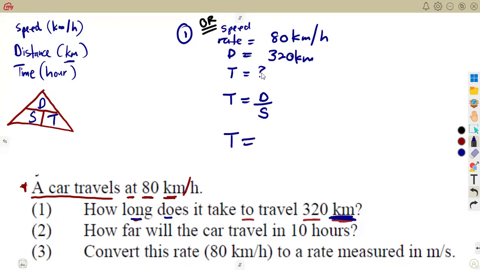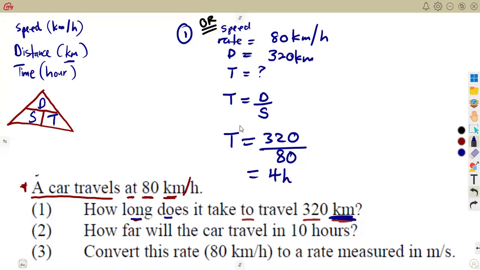So time is 320 over the speed in kilometers per hour, that is 80. So 320 divided by 80 gives us 4, which is the time measured in hours.